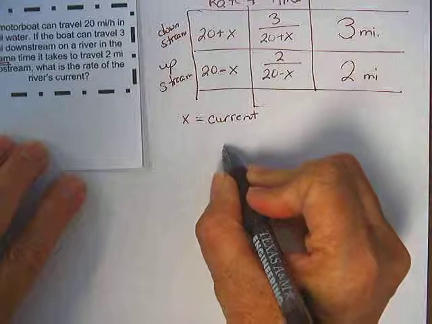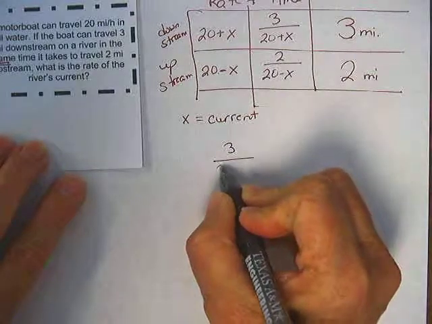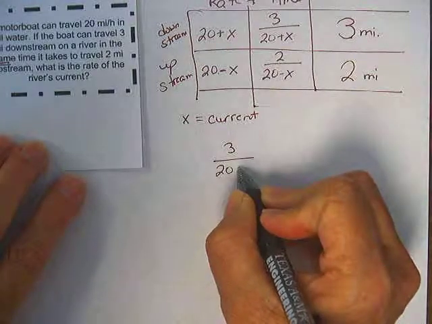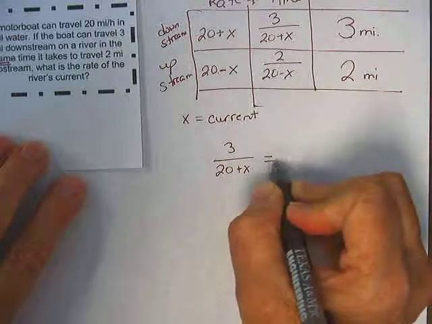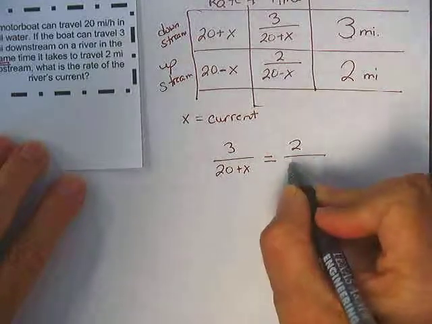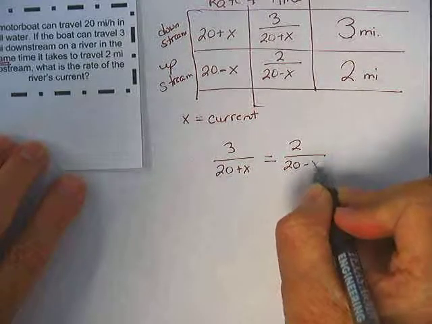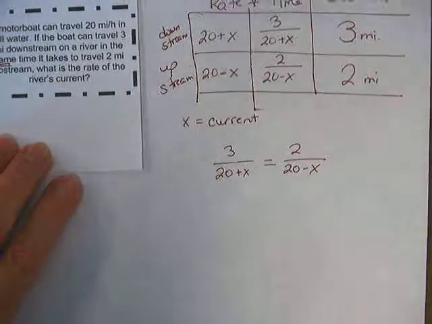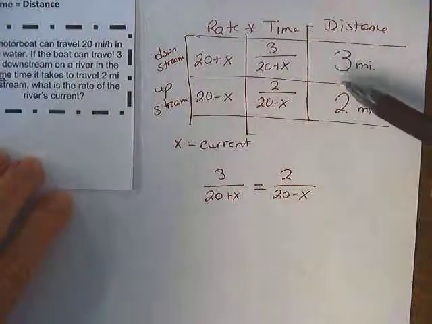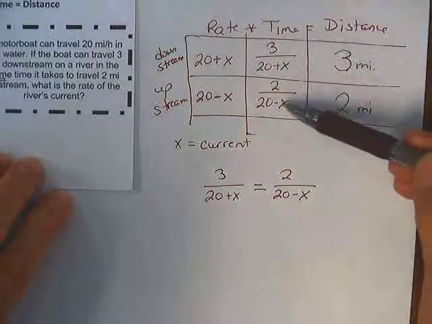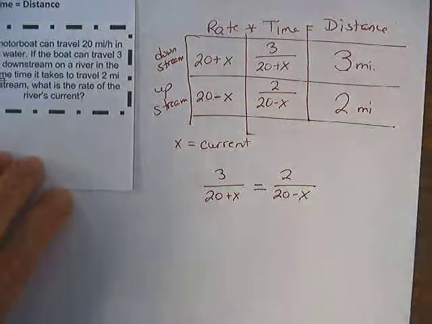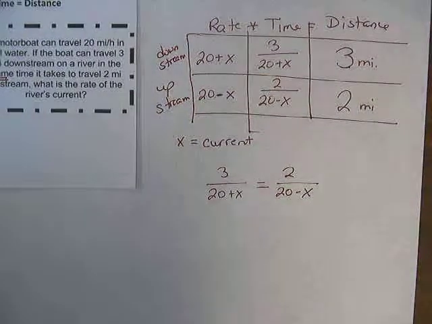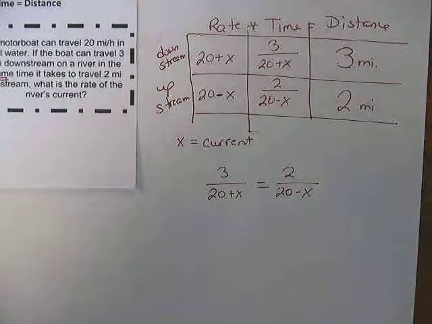So the way I would set up my equation to solve for x, I would take the time going downstream, so 3 over 20 plus x, and I make it equal to the time going upstream. And again, this is how we would set it up. Rate, time, and distance. And because we have the same times in here, I set them equal to each other. The next video we will talk about how to solve this type of problem.